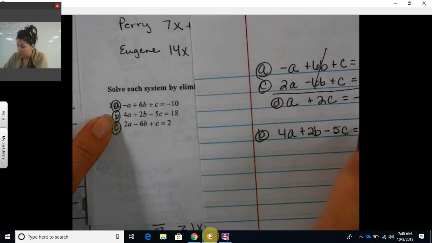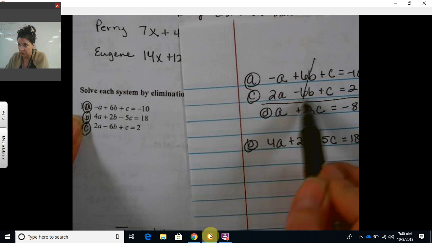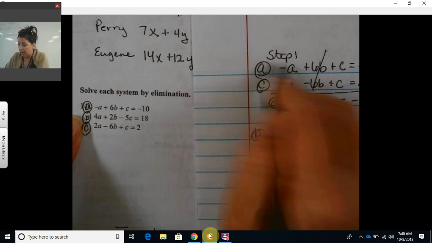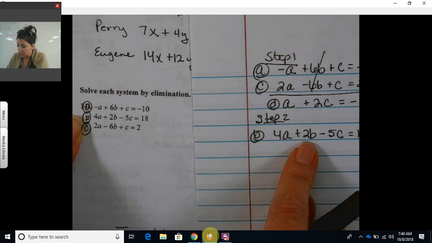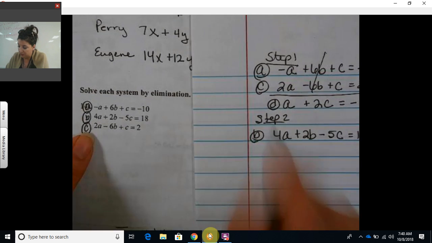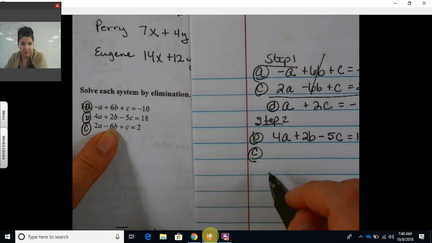And so I'll either have to use A or C twice, it doesn't matter which one I choose, but whichever one I choose, since I canceled the B's in the first step, I have to cancel the B's in the second step, okay? So I would probably choose to pair it with equation C, only because with your B term, I would have 1 positive and 1 negative.